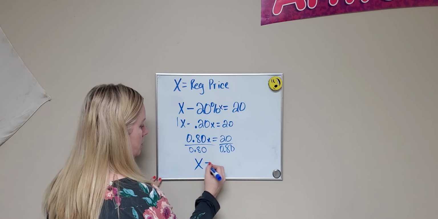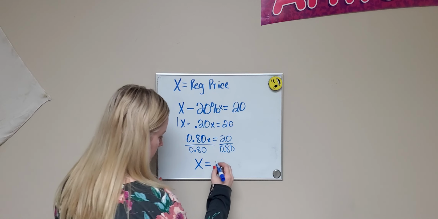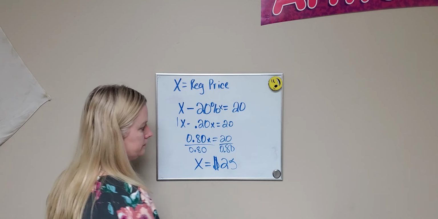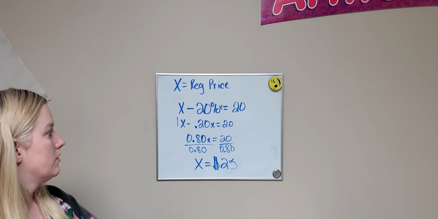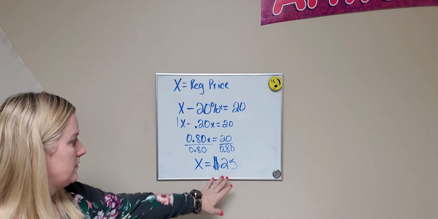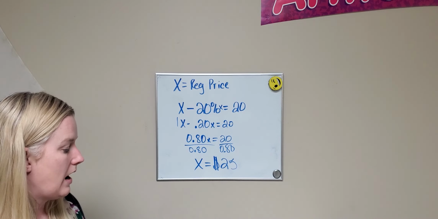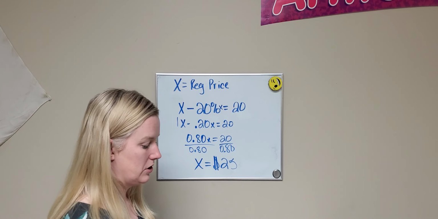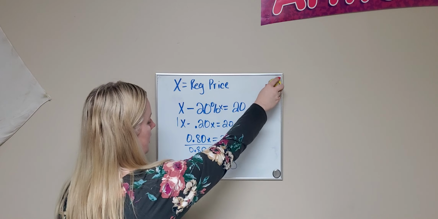And then X is going to equal $25. So his discount was $5. The regular price was $25. He received a discount of 20%, which was $5.